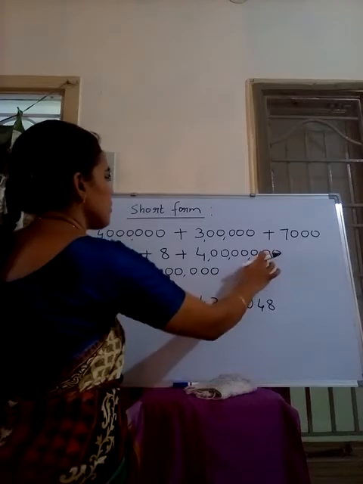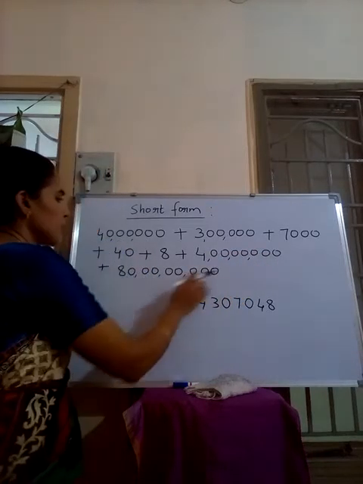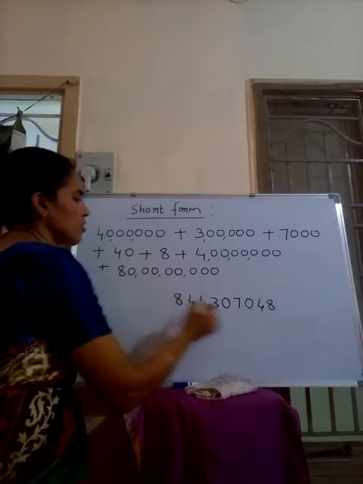Crores place, counting 1 to 7, that is 4. And the 10 crores place, counting 1 to 7, that is 8.